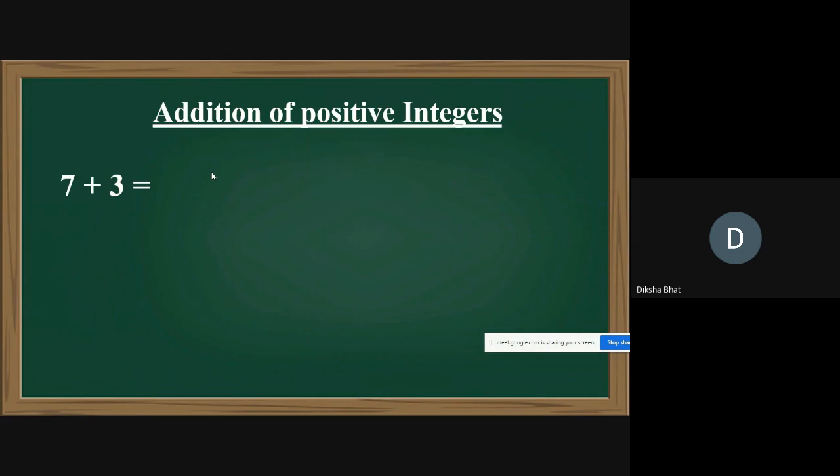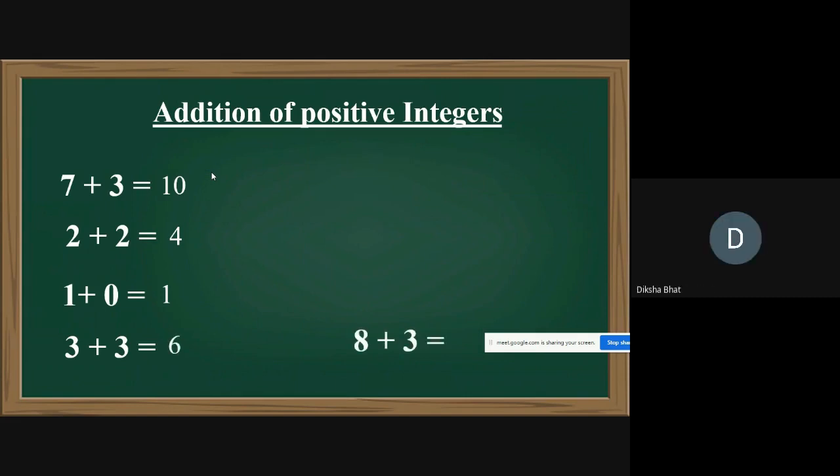7 plus 3. 10. Yes, correct. 2 plus 2. 4. Let us check. Very good. 1 plus 0. 1. Correct. 3 plus 3. 6.